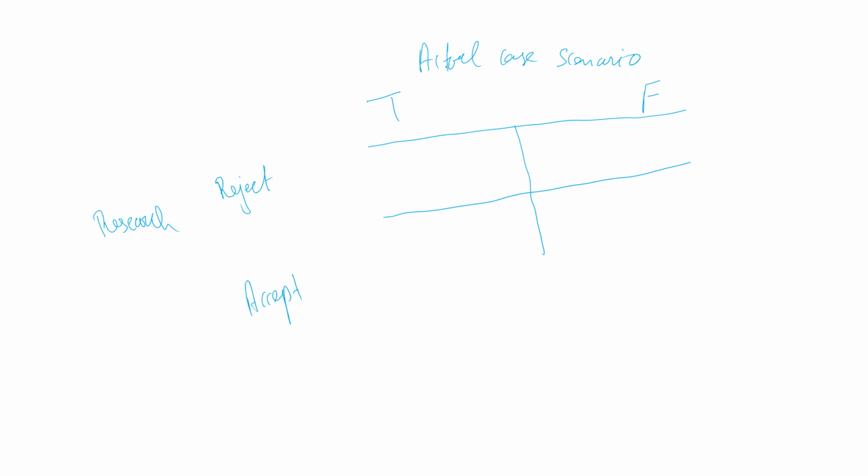Well, the actual scenario was true, but we have rejected it. Then this becomes a type 1 error, in which we reject the null hypothesis when it was actually true. Whereas type 2 errors happen when we accept the research when it was actually false.